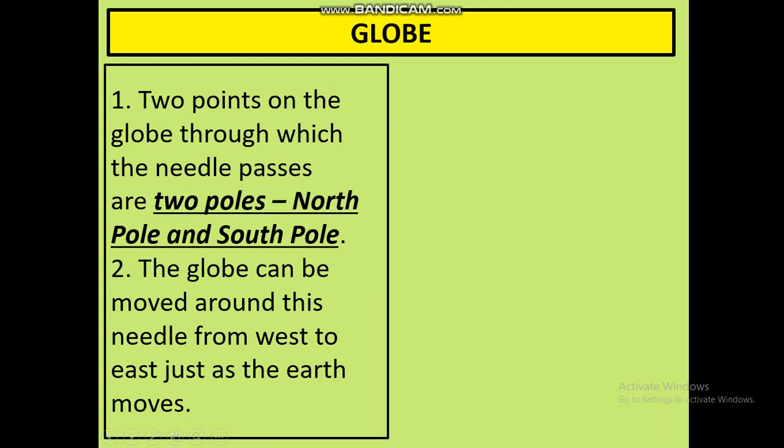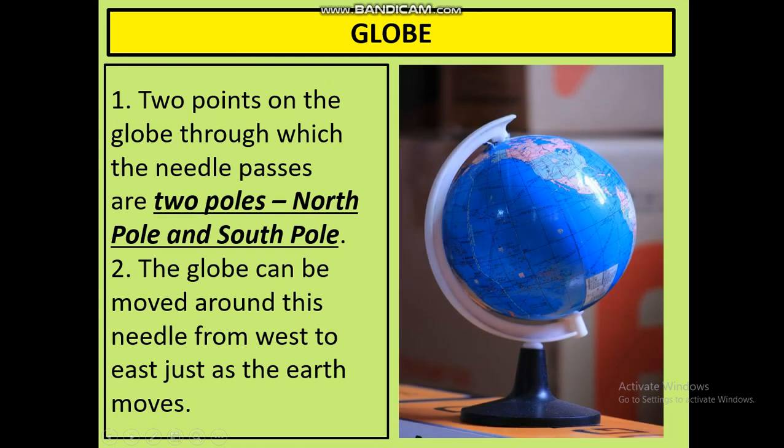The 2 points on the globe through which the needle passes are known as North Pole and the South Pole. The globe can be moved around this needle. See, this is needle. It is inside this globe.